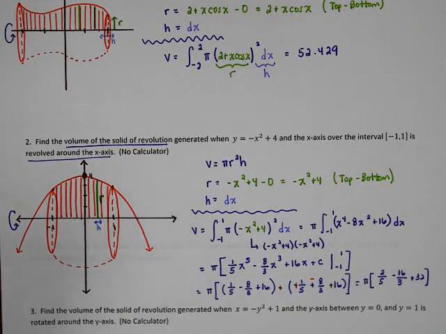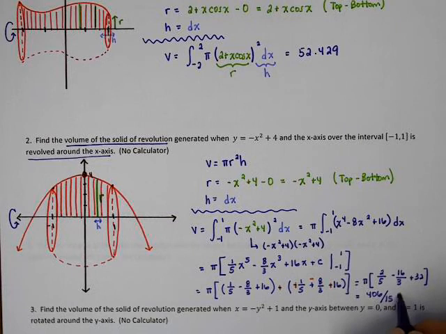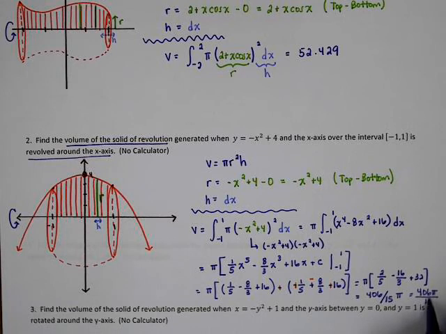The common denominator would be 15. I believe it's 406 over 15, and the pi would just get multiplied by that. So one of the ways we usually write this is 406 pi over 15.